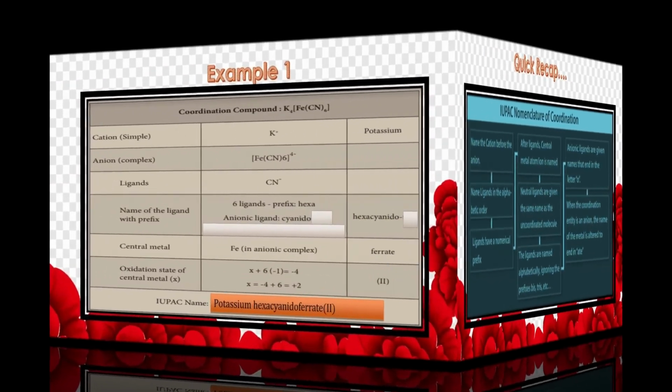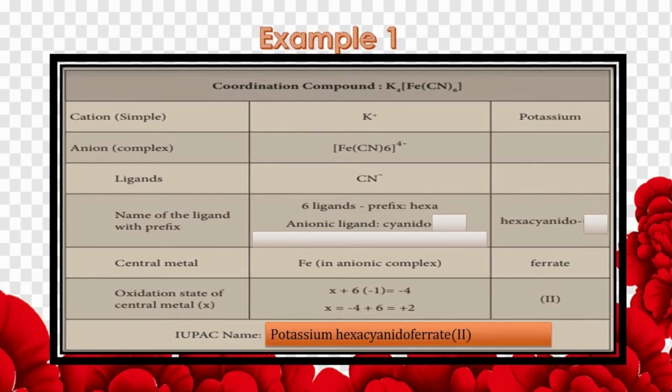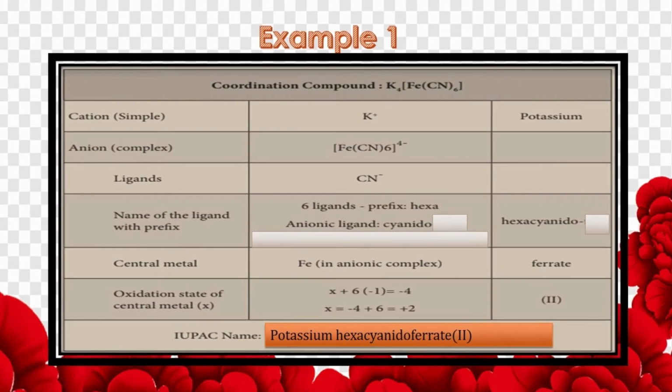Now we will follow these 4 rules and try to name this coordination compound, K4[Fe(CN)6]. In this complex, the cation is the K+ ion and the anion is the [Fe(CN)6]4- ion.